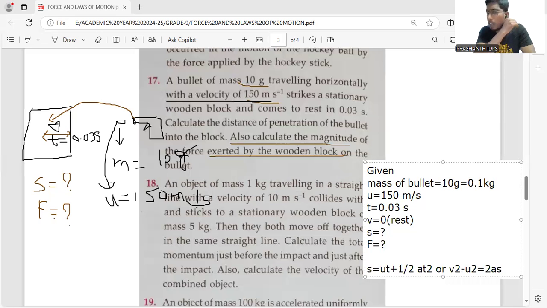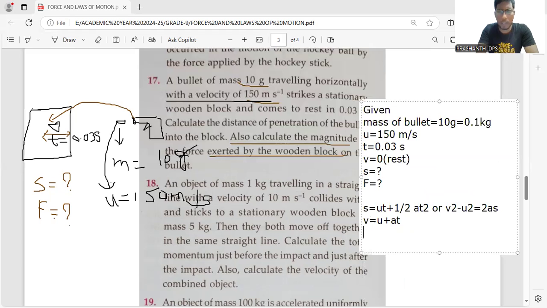And one more formula is v is equal to u plus at. We need to find distance and also force, so accordingly we will see which formula to take. There are three formulas, but I'll go with the third one, which is actually the first equation of motion.